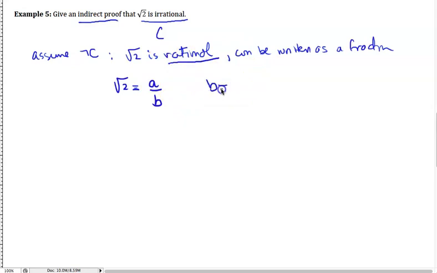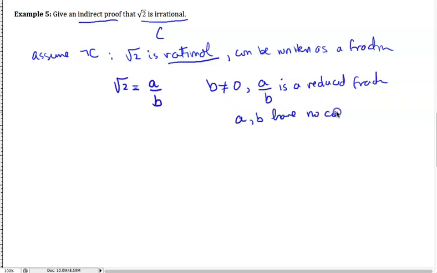Those are that b is not equal to 0, because if b is equal to 0, then that's undefined. And we're also going to assume that a over b is a reduced fraction. Because if it wasn't, the first step in this proof would be to reduce it, so a and b have no common factors. Those are good assumptions to make.